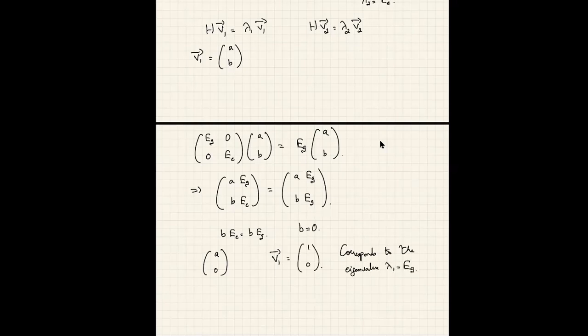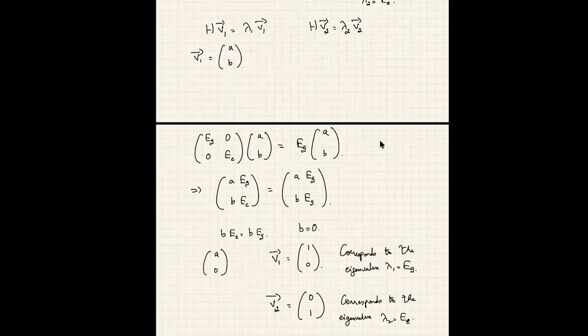Similarly, using very similar arguments, you would be able to understand that the eigenvector corresponding to the other eigenvalue corresponds to the eigenvalue lambda 2 equals EE.